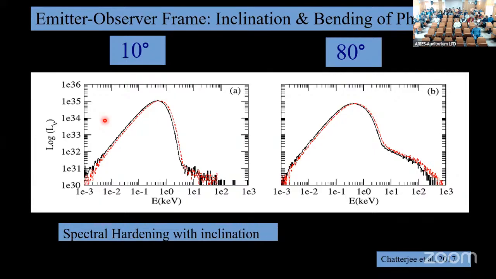So these soft photons will be bent like this, and these bent trajectories will enter the Compton cloud or corona, interact, and come to your observer sitting at a high inclination. So the effect of high energy photons will increase if an observer is sitting at high inclination.